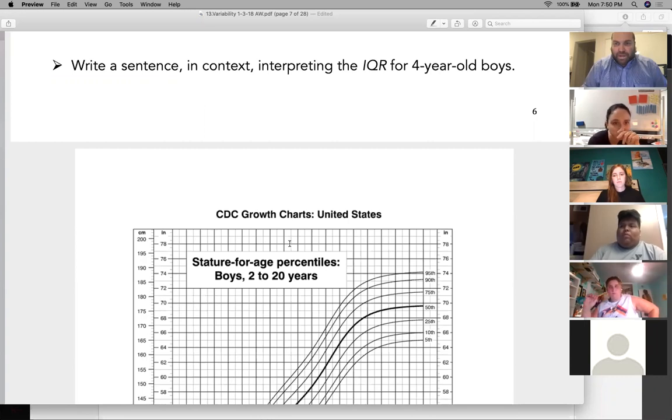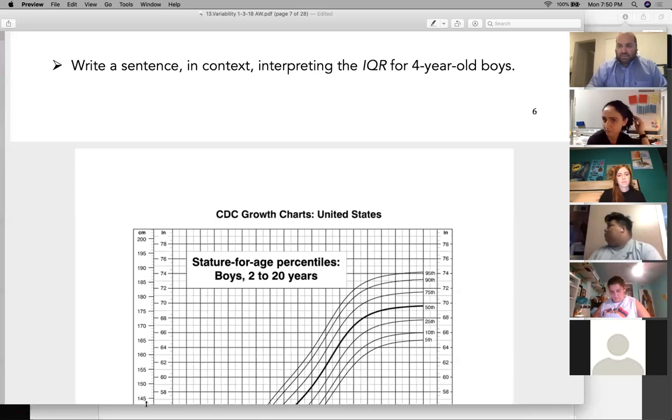The middle 50% of 4-year-old boys have heights that range from 38 inches to 42 inches. Again, those two numbers might not have been the numbers that we used, but that's what I would say. And it encapsulates the idea. Okay, thank you. Does that make sense?